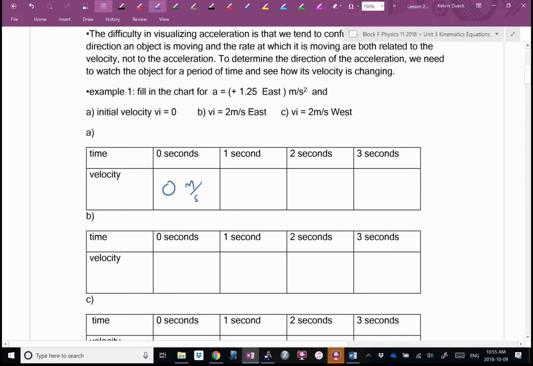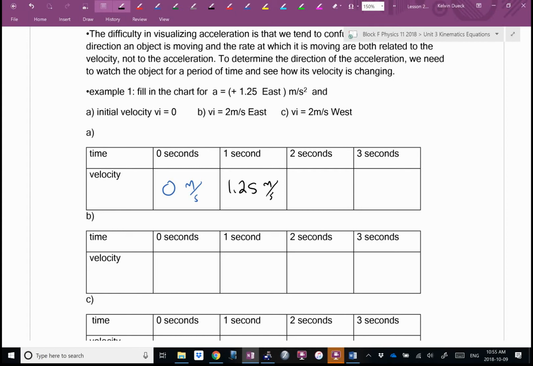So after 1 second, if we start at 0, how fast are we going? Because we started at 0, in 1 second, we've increased our speed by 1.25 meters per second. That's what an acceleration of 1.25 meters per second squared means.